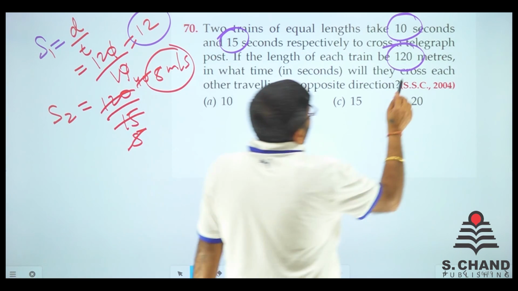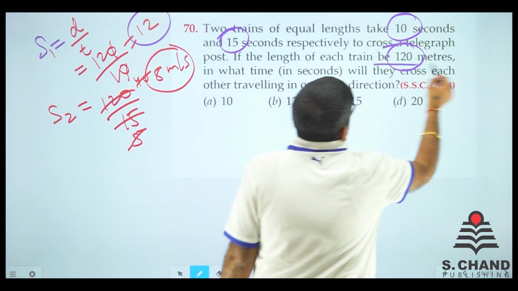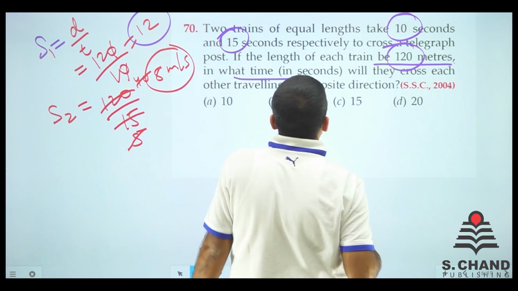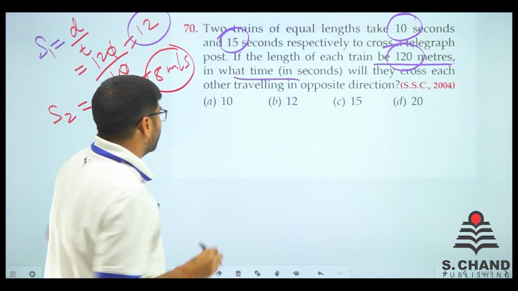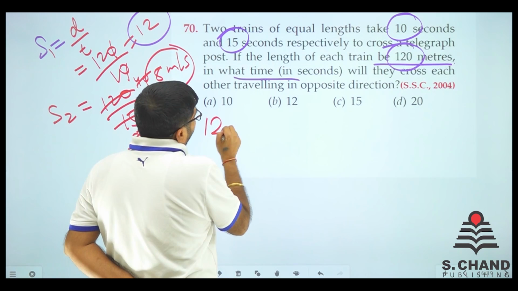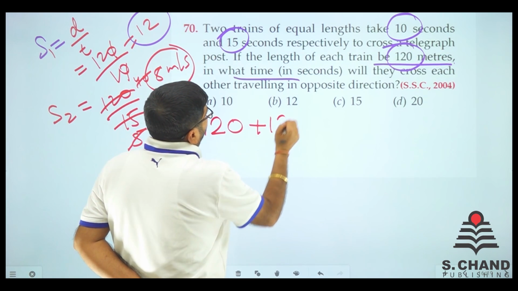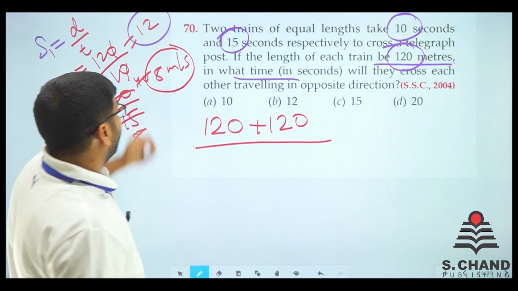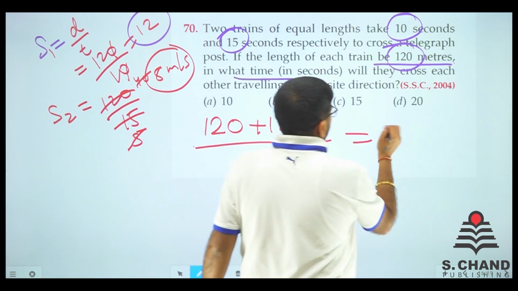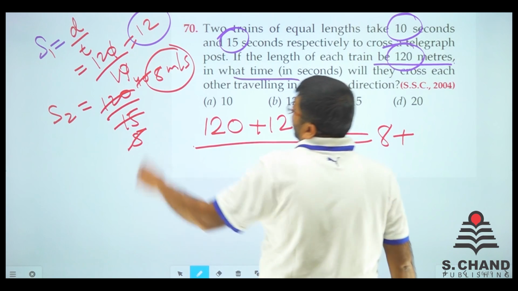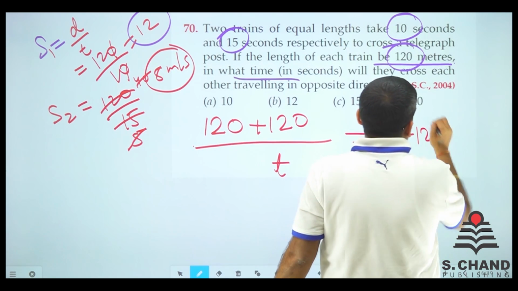Now what is asked? 120 meters is the train length. What time will it take to cross each other? First thing, if they want to cross each other, the equivalent distance is 120 plus 120, right? And time is what we need to find out. The speed is 8 plus 12. Why 8 plus 12?